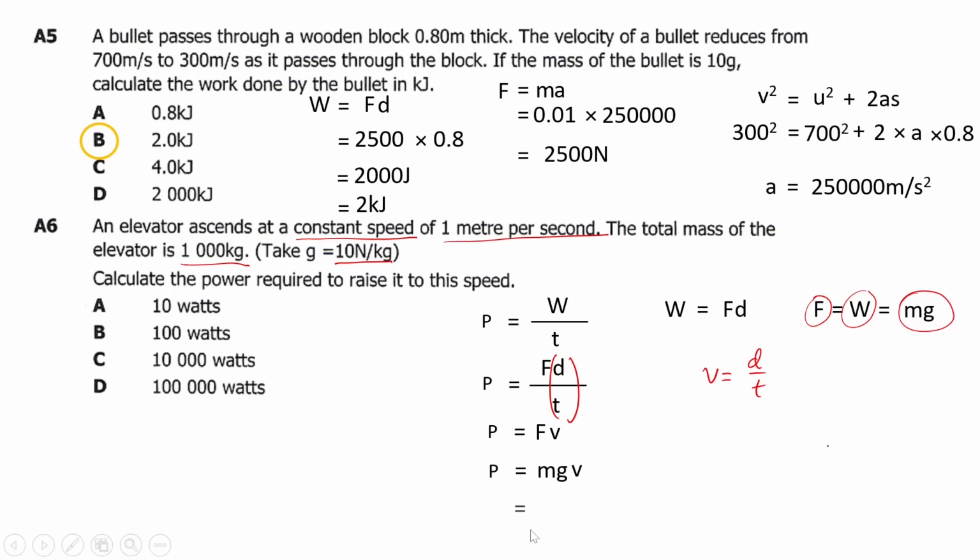So you substitute mass, which is 1000, times acceleration due to gravity, which is 10, times velocity, which is 1 meter per second. If you multiply 1000 times 10 times 1, you have 10,000 watts, because we are looking for power. Power is in watts. So when you check from the answers provided here, the answer is C.